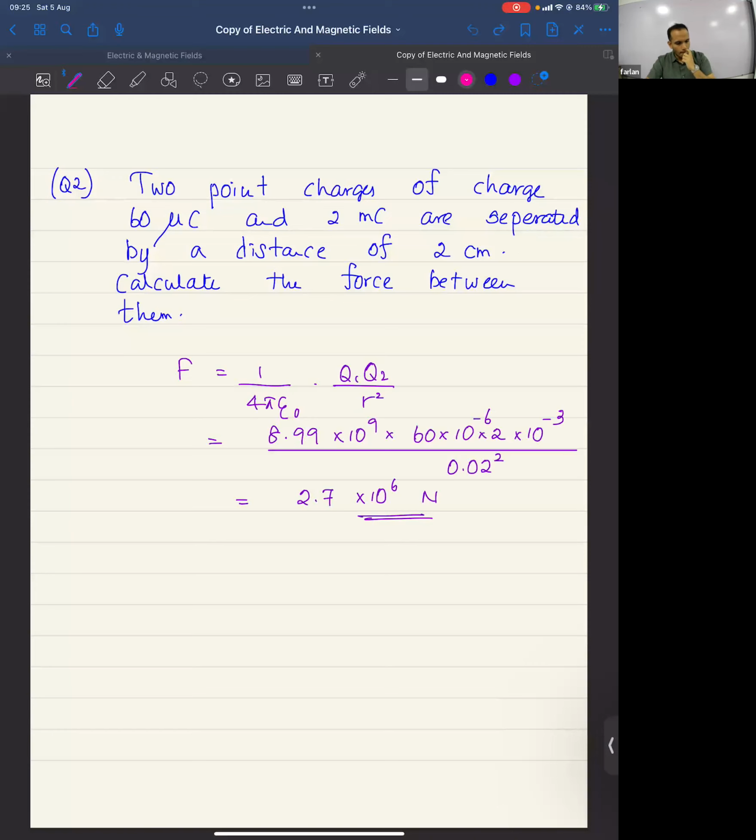So guys, microcoulombs, you have to convert it to coulombs by multiplying by 10 to the power minus 6. So it will be 60 into 10 to the power minus 6. Millicoulombs to coulombs, it will be 10 to the power minus 3. So 2 into 10 to the power minus 3. So 2 centimeters in meters is 0.02. So 0.02 square. You get the answer. Is that okay?